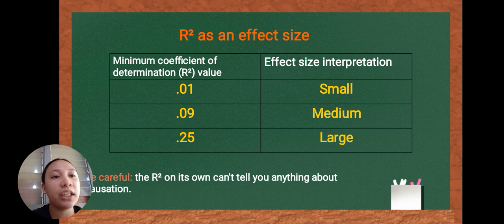Minimum coefficient of determination, or R squared value: 0.01, the effect size interpretation is small; 0.09, medium; and 0.25 is large. Be careful. The R squared on its own can't tell you anything about coefficients.